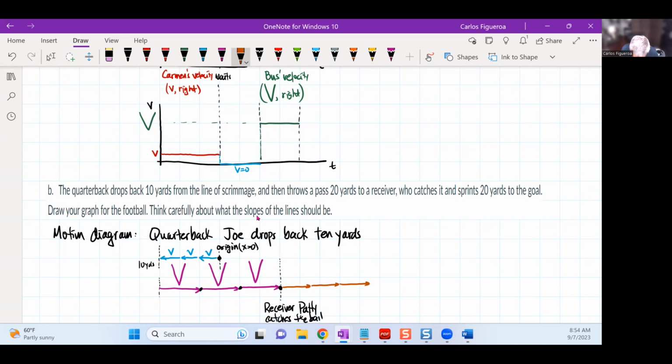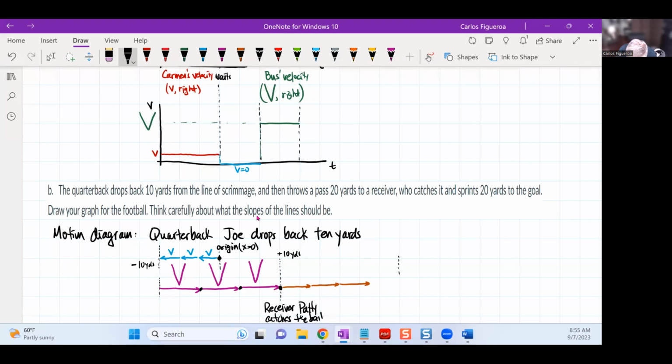So 20 yards should be 1, 2, 3. By the way, I should be careful here. This should be minus, and this should be plus 10 yards. So that means 1, 2, 3, was that 2, 4, 6 squares, so I've got to go 2, 4, 6 squares.